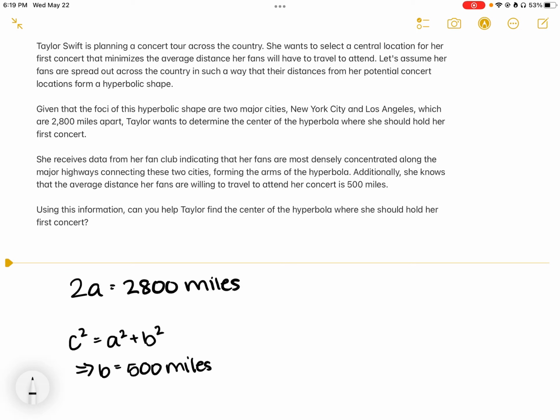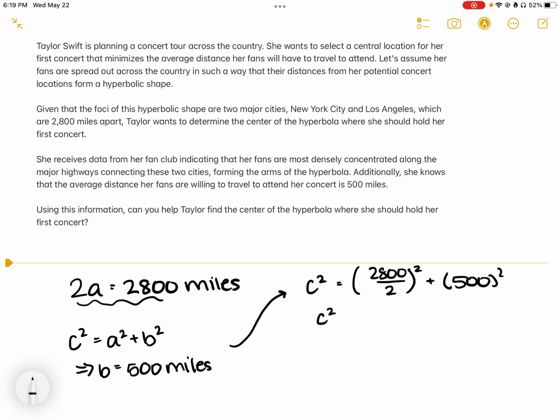So substitute the given values. I'm going to do this math here. c squared is equal to 2,800 divided by 2, which we got from this equation right here, squared plus 500 squared. So that means c squared is equal to 1,400 squared plus 500 squared.